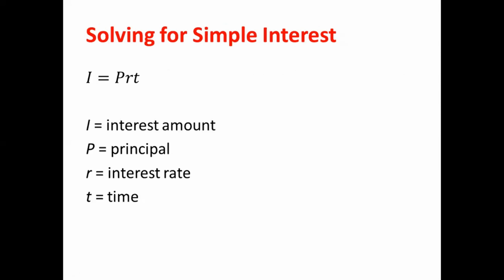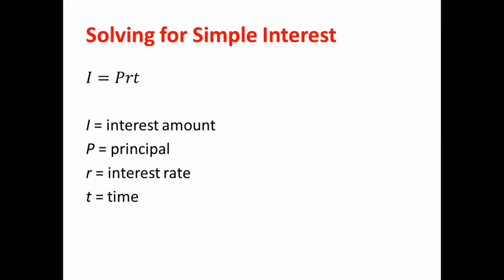Now let's move on to the solving. Now for simple interest guys, as the name implies, it's very simple. We have this formula, I is equals to PRT, where I is equal to the interest amount, P is the principal, R is the interest rate, and T is time in years.